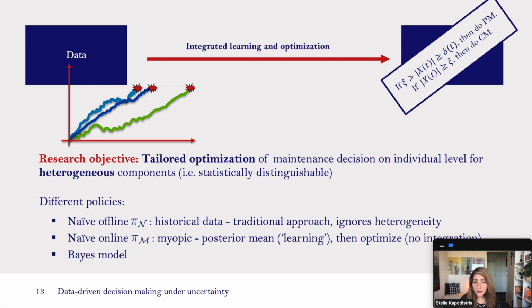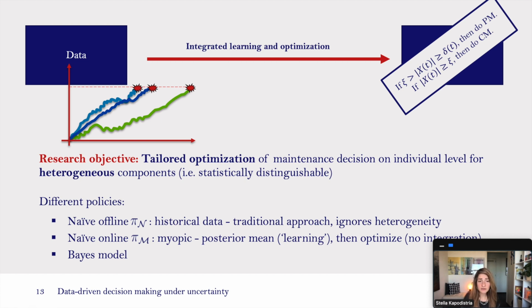In order to compare how well our integrated learning and optimization decision-making model behaves, we compare it to different policies. We compare it to a naive offline policy, where we basically use the historical data pulled all together, ignoring heterogeneity.